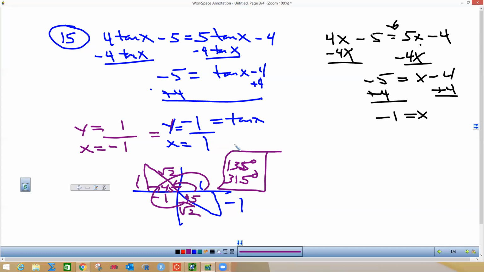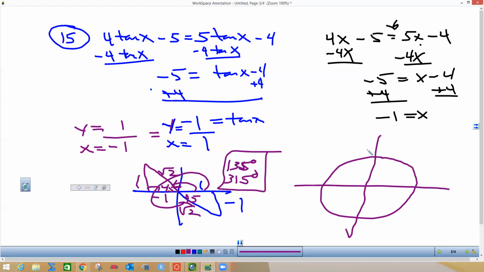Now, unit circle. I forgot to do the unit circle on the other ones. I did start the video on this, didn't I? Okay. So what I got to ask myself is, where would I have an ordered pair that if I took y divided by x, I would get a value of 1 or negative 1?